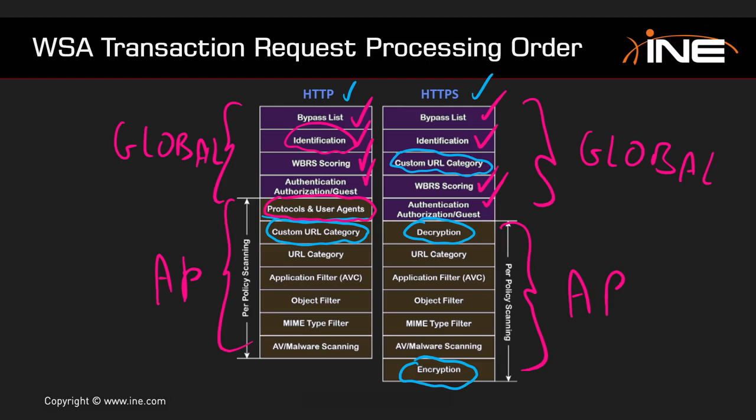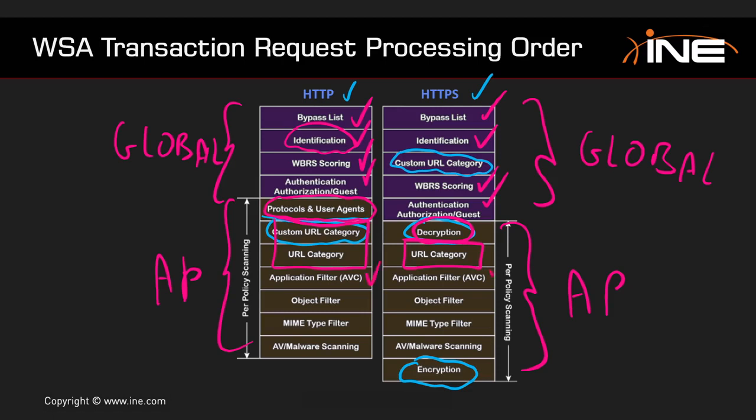Or user agent is just an identifier of the application which is carried inside of the HTTP request. Okay, next we will perform URL filtering with custom or predefined categories. Now, in case of HTTPS, we will first try to decrypt the packet. And now, assuming that the flow is decrypted, we will also enforce our policy with URL categories.